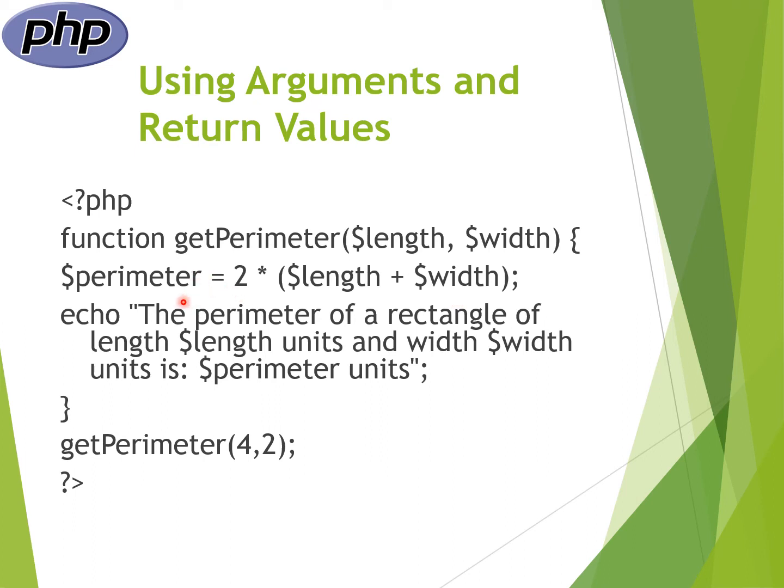So $perimeter has the value 12. The display statement will be: the perimeter of a rectangle of length 4 units and width 2 units is 12 units. This is the example of a function which takes arguments and has a return value.